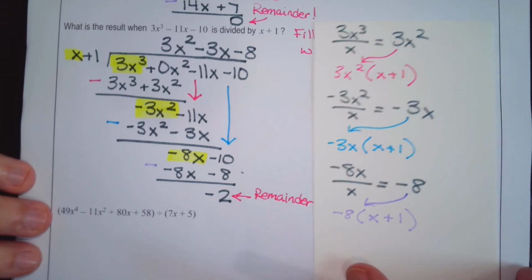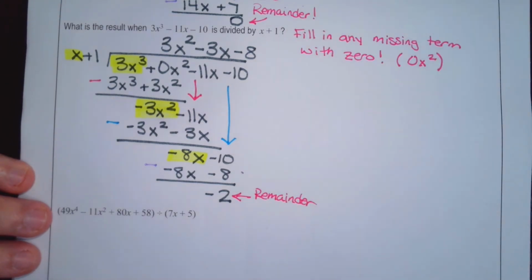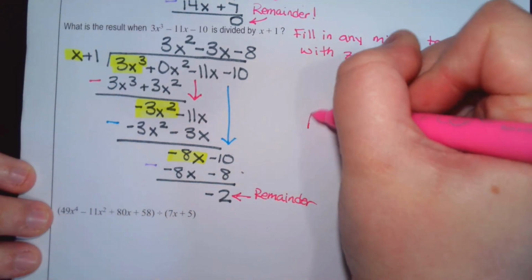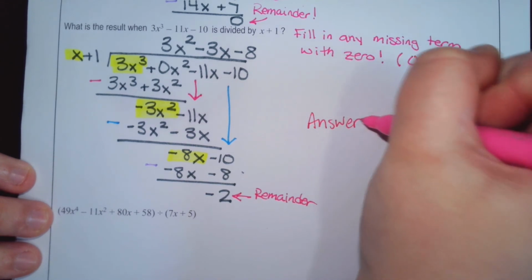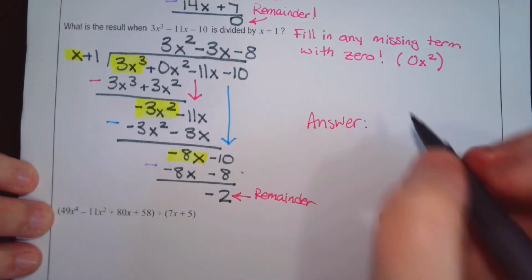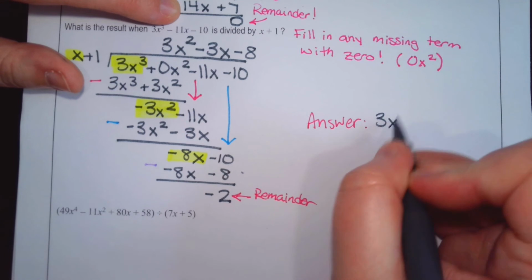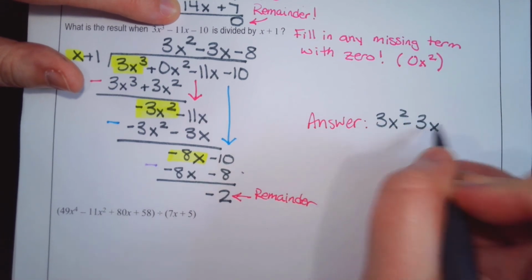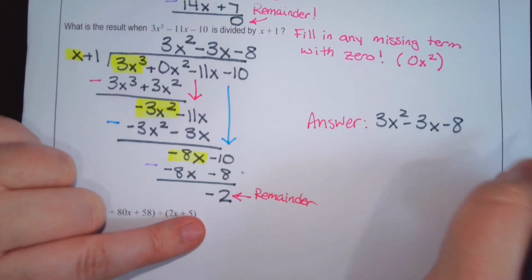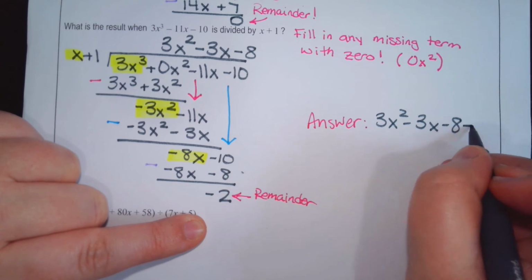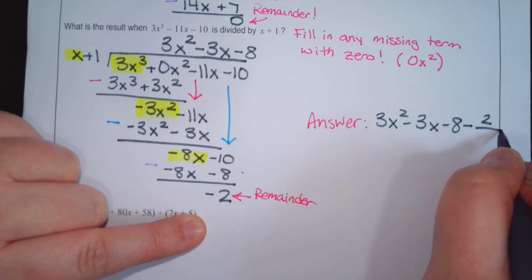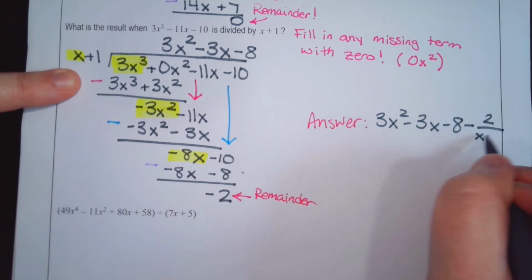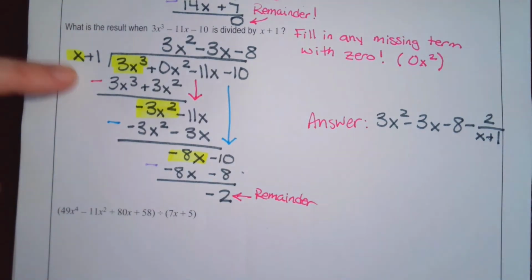So now we need to write out our full answer. So it's going to be 3x squared minus 3x minus 8. And then our remainder is minus 2 over our binomial, x plus 1.